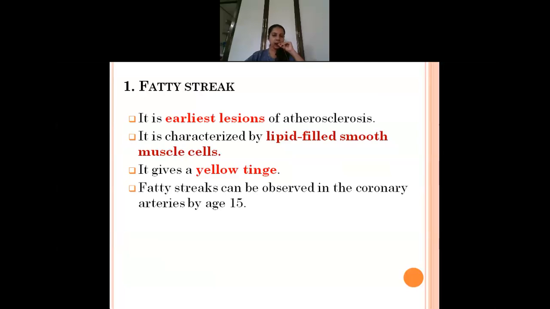Because of that it gives a yellow tinge, yellow color. Most of the time fatty streaks will start to develop by the age of 15. So these are the earliest lesions, usually characterized by a yellowish tinge because of the lipid filled smooth muscle cells.